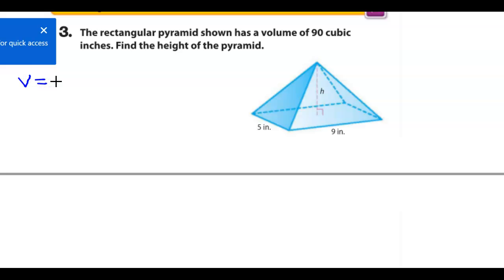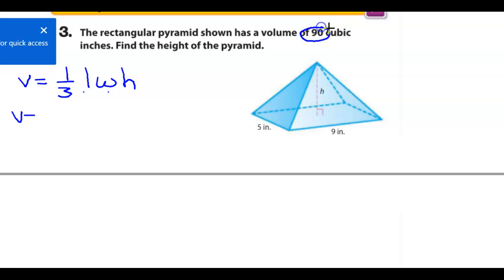We're going to say that the volume is equal to 1/3 times the length times the width times the height. And again, just like last time, the base is the same as the length times the width, right? Let me back up a little bit, you guys, because they're telling me what the volume is in this problem.